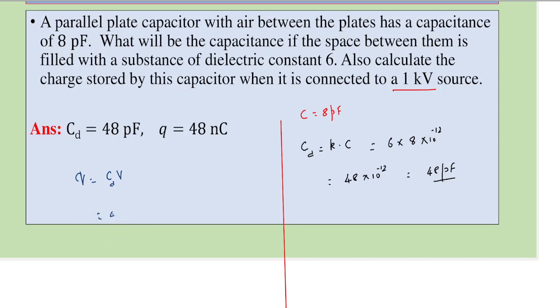That is equal to 48 into 10 power minus 12 into 1 kilovolt. 1 kilovolt is 10 power 3 volt. That is 48 into 10 power minus 9 coulomb, which is the same as 48 nanocoulomb. So this is the required answer.